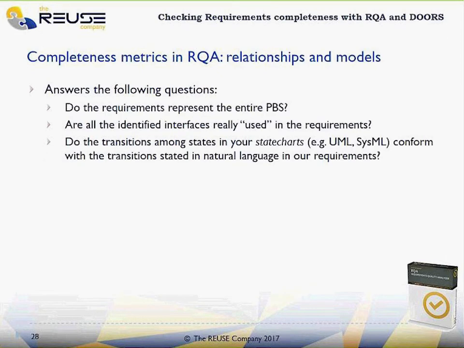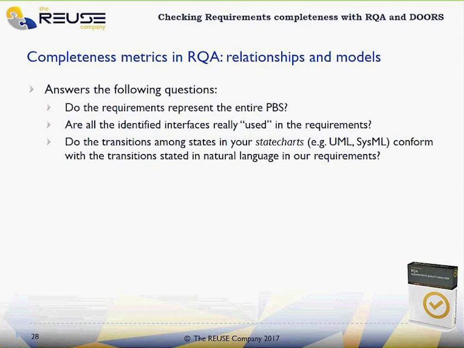Well, then the second block are those rules based on relationships and models. The idea is that most of the time requirements come together with models, and the consistency between requirements and models is key.